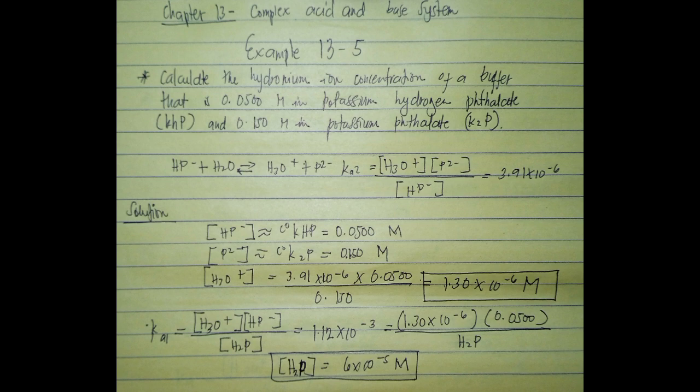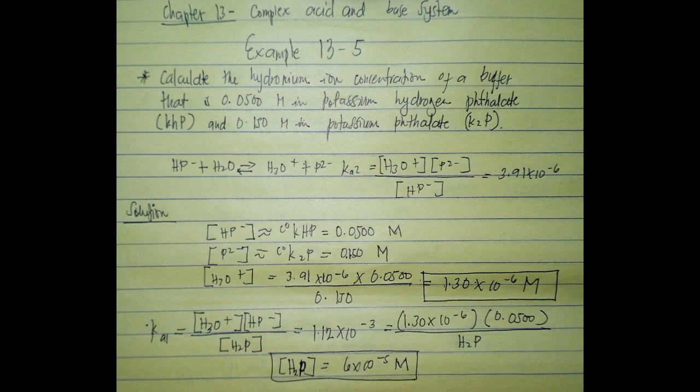So we have here the HP-, and as you can see, the value of K is 3.91 times 10 raised to negative 6. The solution assumes that the concentration of H2P is negligible in the solution.